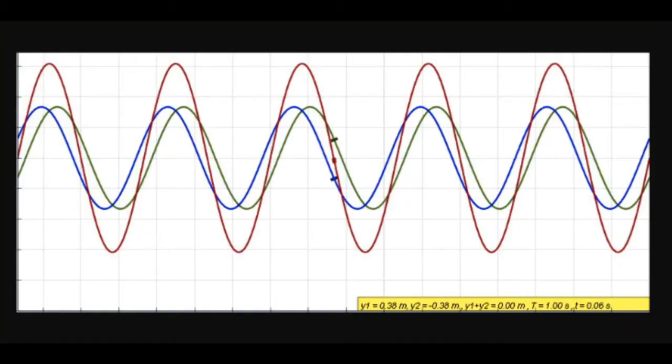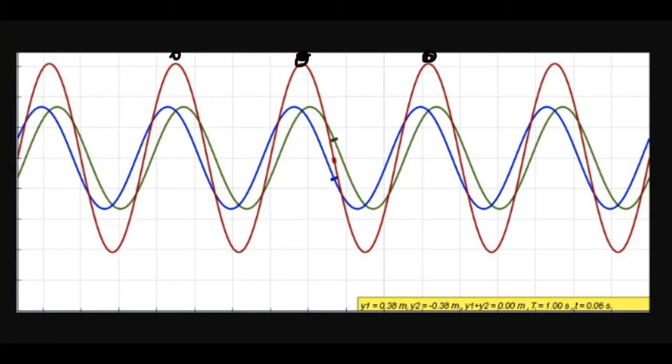If I freeze it here, you'll see the green wave and the blue wave are about to hit, so they're going to be constructively interfering, and this red wave here is growing up. There's a peak right here, and there's a peak here, and so on.